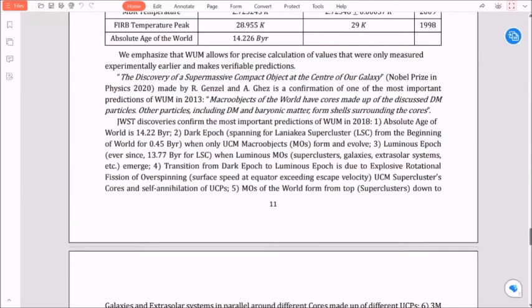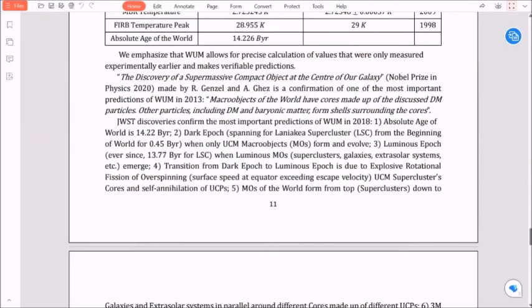The transition from the dark epoch to the luminous epoch is due to explosive rotational fission of overspinning UC matter superclusters' cores, where surface speed at the equator exceeds escape velocity, and self-annihilation of UC particles.